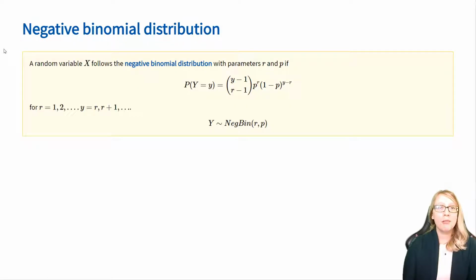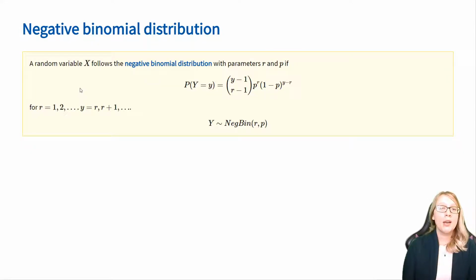Starting with the negative binomial distribution, we say that a random variable, apologies for the typo, this x should be a y. A random variable Y follows the negative binomial distribution with parameters r and p if the following. The probability that Y is equal to little y is equal to (y minus 1 choose r minus 1) times p raised to the r times (1 minus p) raised to the y minus r.